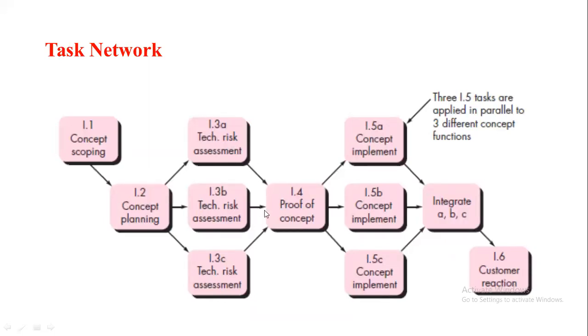After completing the risk assessment for the 3 modules, we go for proof of concept. Then concept implementation is again done in parallel. Finally we integrate, and then we go for collecting the customer reaction. So this is the order in which we are going to carry out the tasks. This diagrammatic representation, we call it a task network.